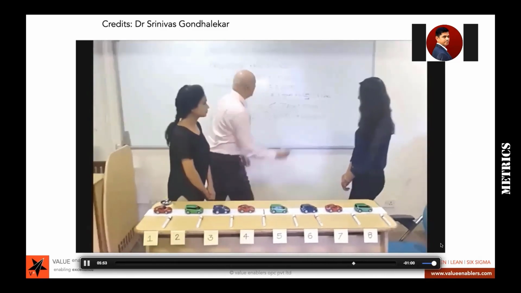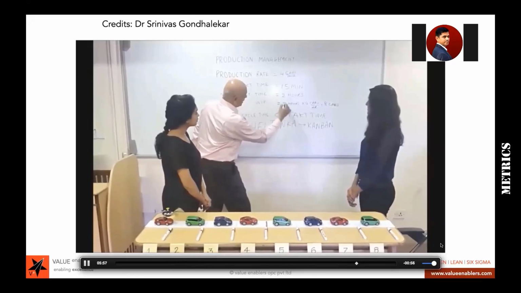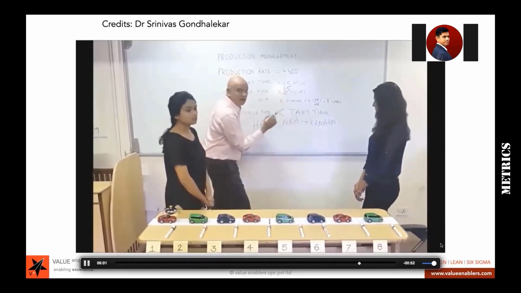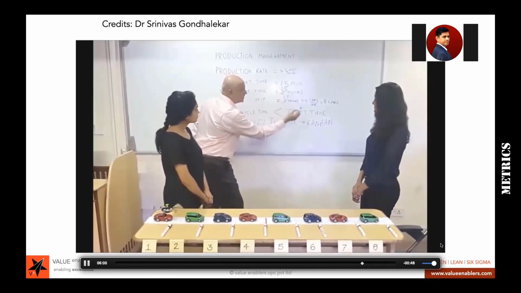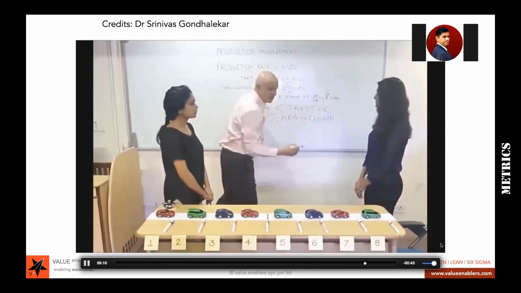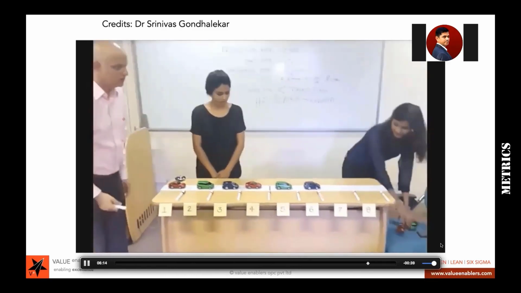Okay, so suppose they are successful and the throughput time comes down from 2 hours to 1.5 hours. Let us see what impact it will have. What will it do? It will reduce the WIP to 6 cars. 6 cars. Can you demonstrate to us how the conveyor will start looking?